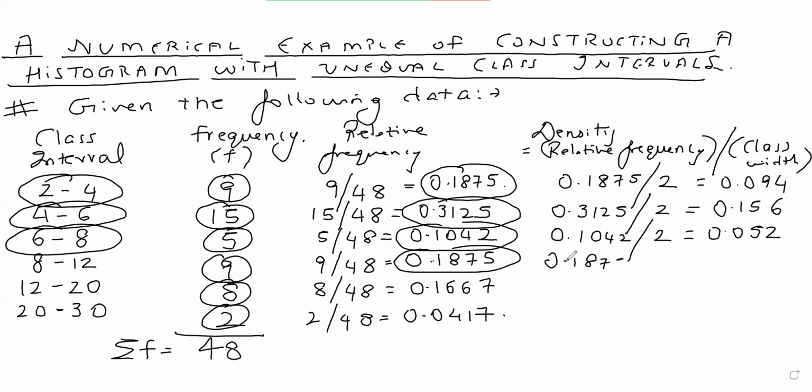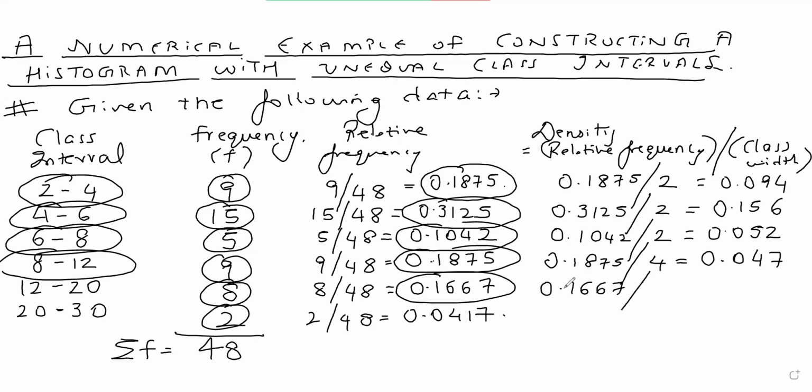0.1875 divided by the class width, which is 12 minus 8, 4, comes out as 0.047. Similarly, 0.1667 divided by 20 minus 12, which is 8, comes out as 0.021.